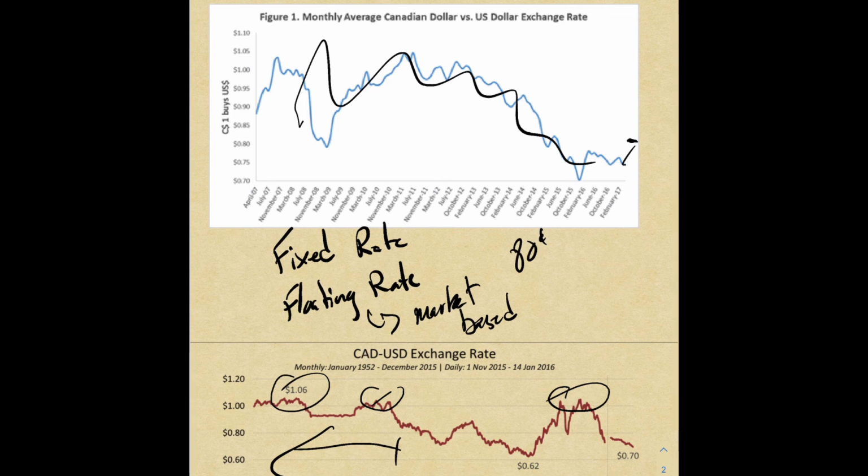A lot of the times a strength of ours, when oil prices go up, the Canadian dollar goes up. Now, is this a good thing or is this a bad thing? Do we want a high dollar or a low dollar? Well, that depends.